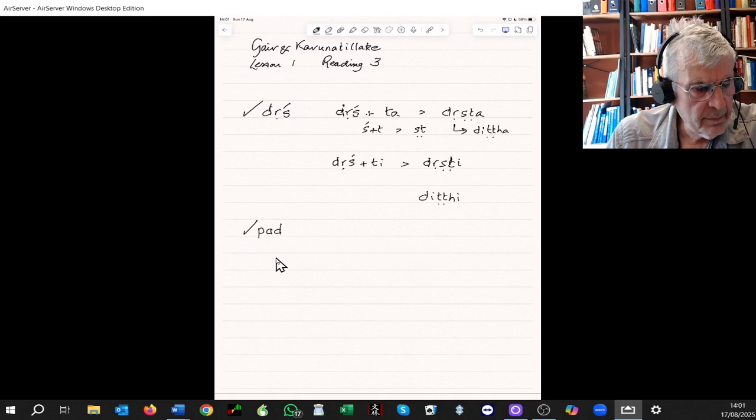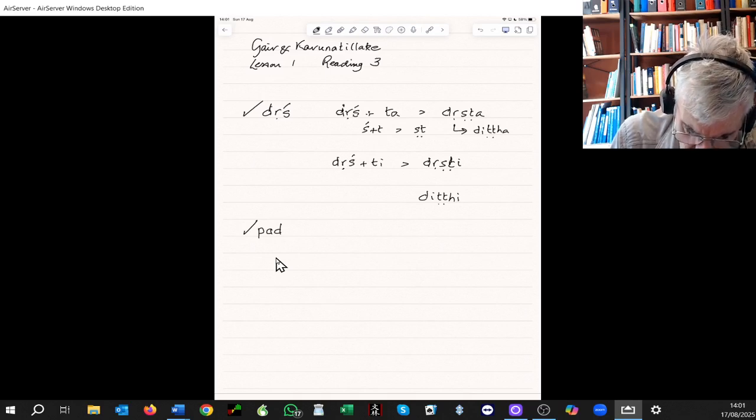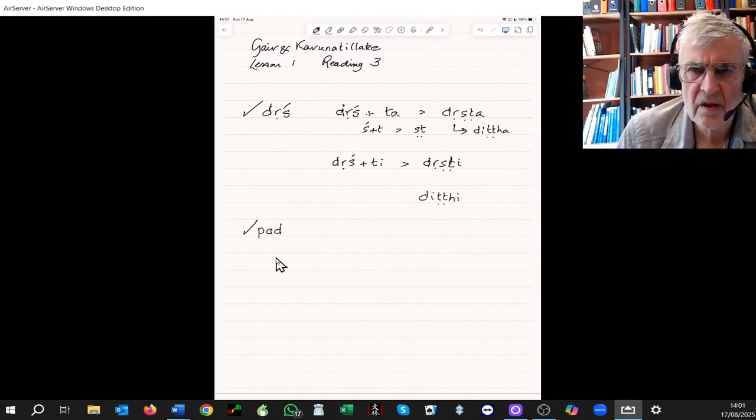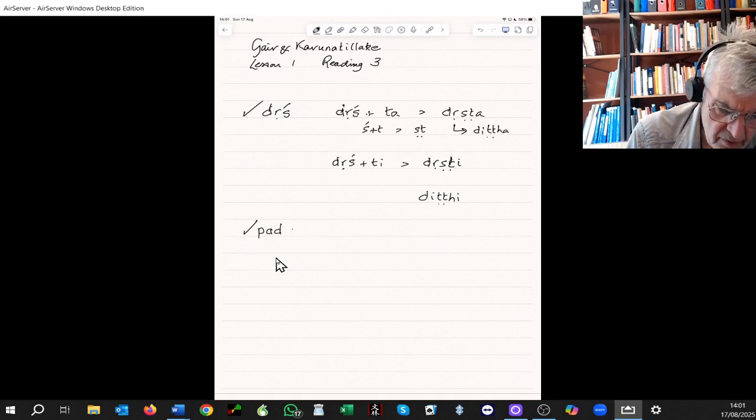The basic meaning of pad, the original meaning, is just to go. It's actually cognate with our English word foot, because the foot is that by which you go, you move, you walk. This verb makes its past participle by the addition not of ta but na. Quite a number do.